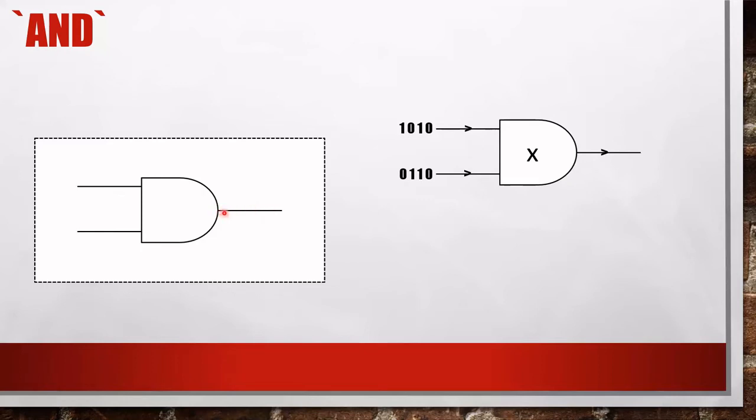In logic gates, input comes into the gate, and output goes out from the gate after certain processing is done on the input data.